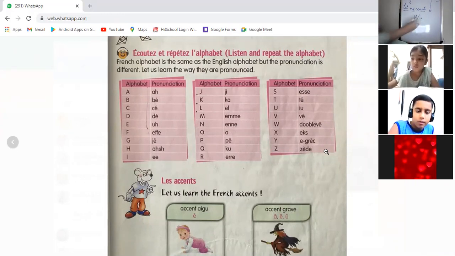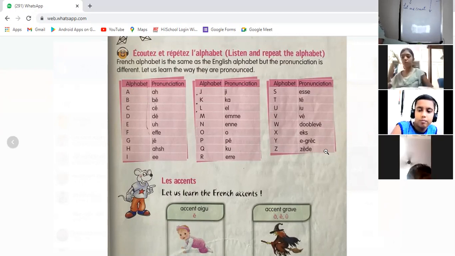Ma'am, they write double in do, double. Yes, they write double as double. Then X is eats.